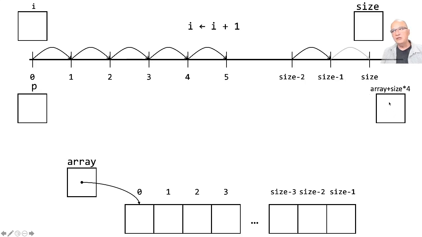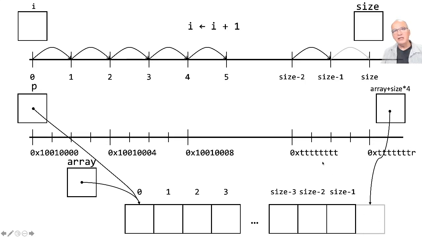My sentinel to terminate the loop will be the base of the array plus size times 4, which is the address of the position after the end of the array. p will initially point to the first position, so I'll make a copy of array into p.